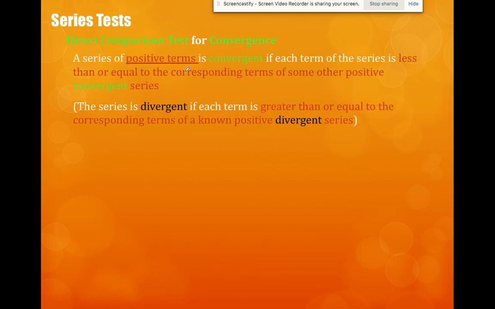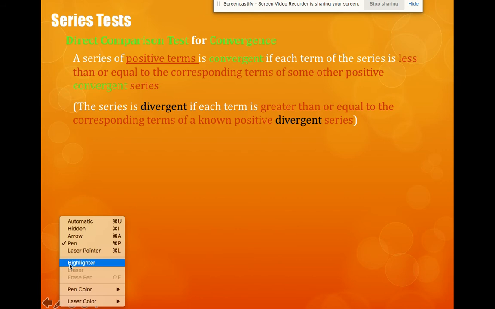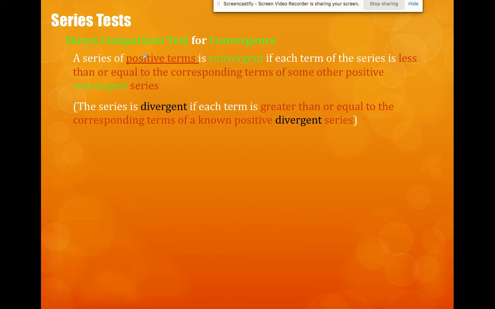A series of positive terms is convergent if each of the terms of the series is less than the known one. Right? Your unknown is convergent if the unknown terms are under the known or famous series.